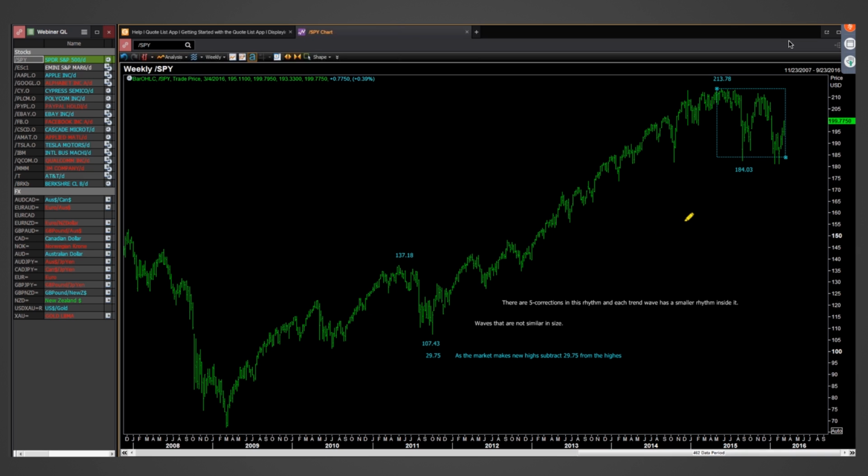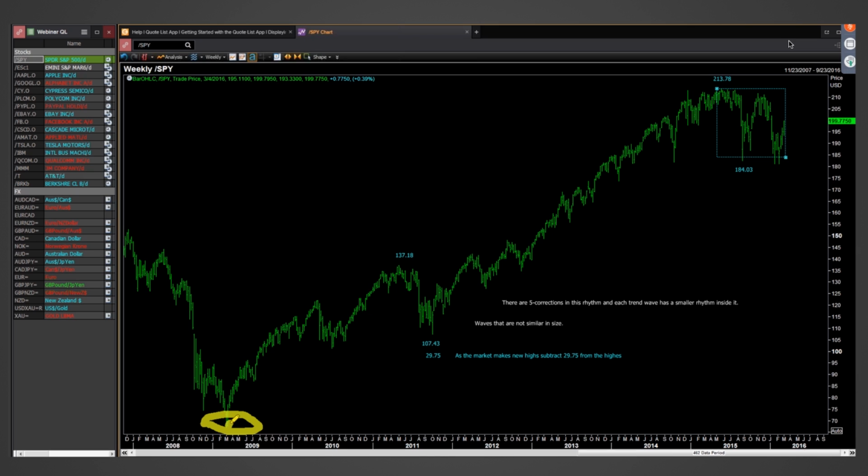So, okay. What we have is, let's look at the entire cycle here, all of the different rhythms, going back to the beginning where the downtrend ended and the uptrend began. For the beginners, I want to do a quick educational here.